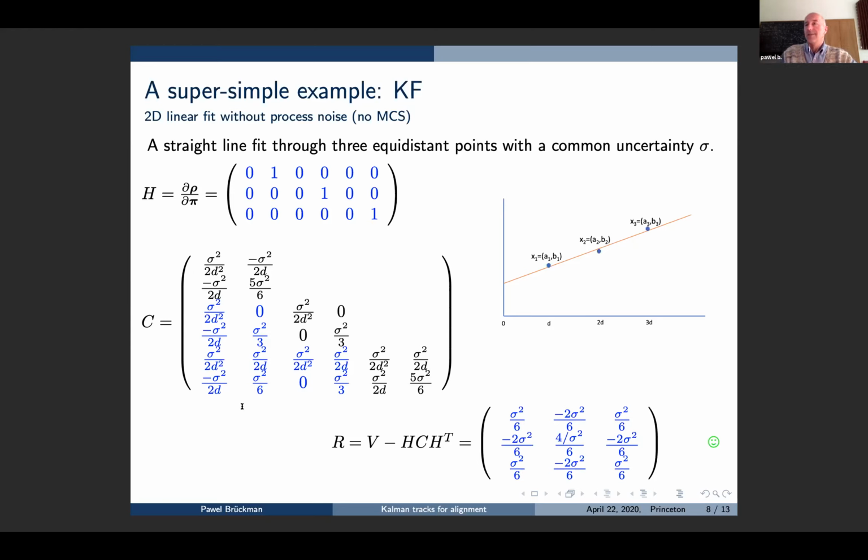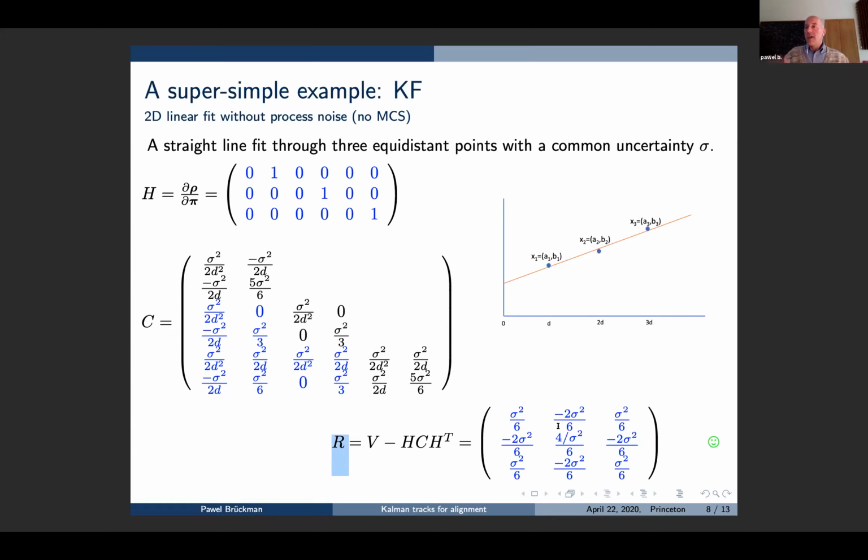Okay, it looks a little bit more complicated than for the least squares case, but this is actually quite misleading, because at the end you have to extract the R, so the full covariance, which involves these matrix multiplications, and because of the simplicity of H, it actually turns out to be even faster. And what is important, you end up with exactly the same matrix.